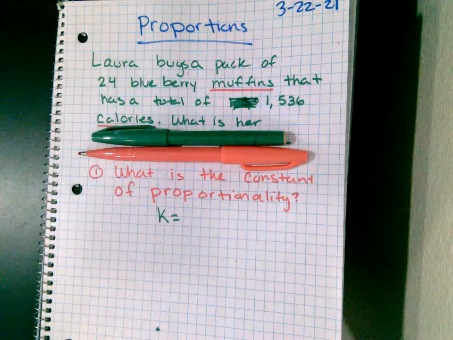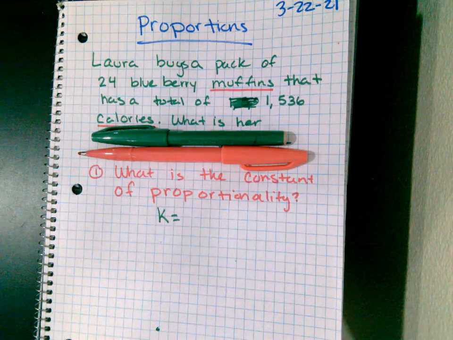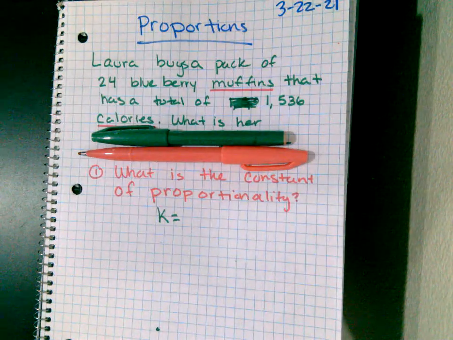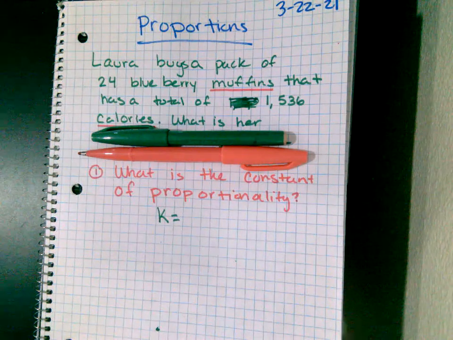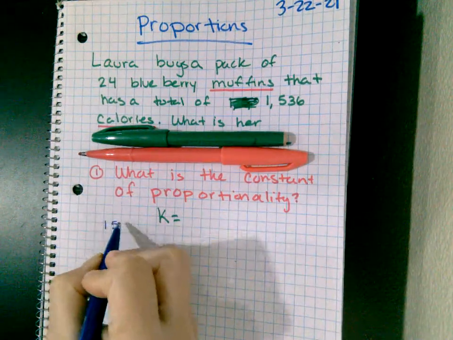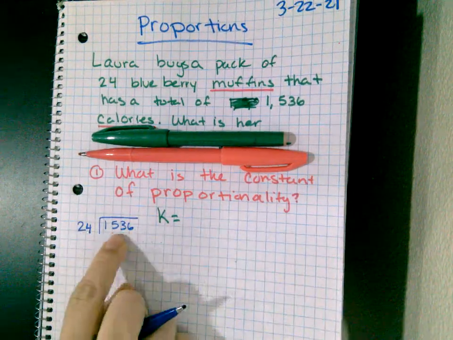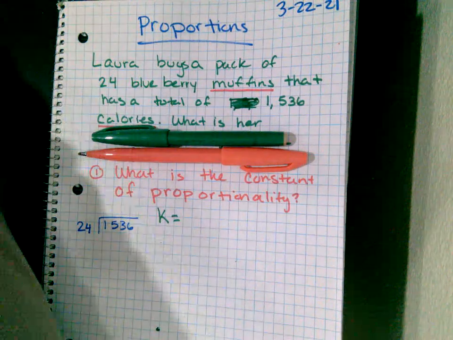One muffin, not 24 muffins. I already know what 24 muffins is. So let's divide this out. Let's grab a calculator. 1,536 divided by 24. Plug this number inside your calculator first, please, and let me know what you get.